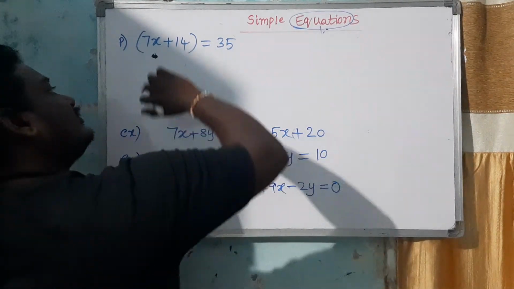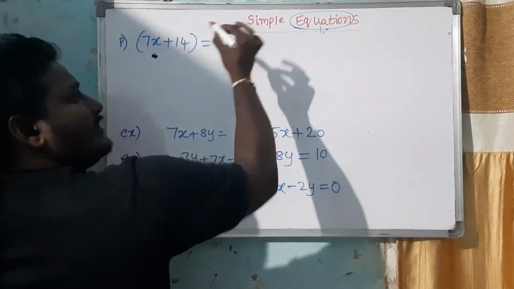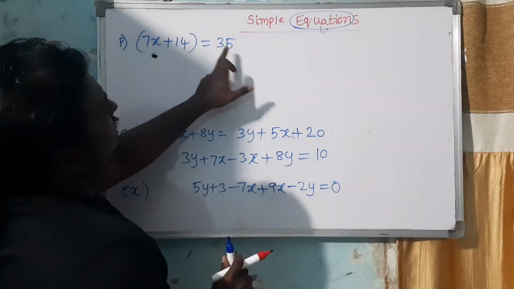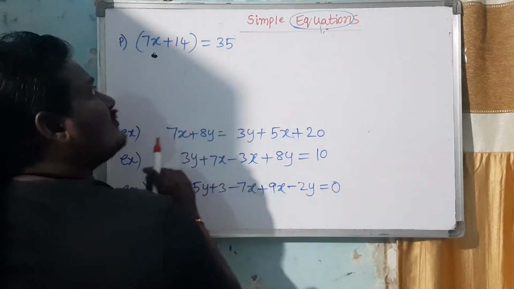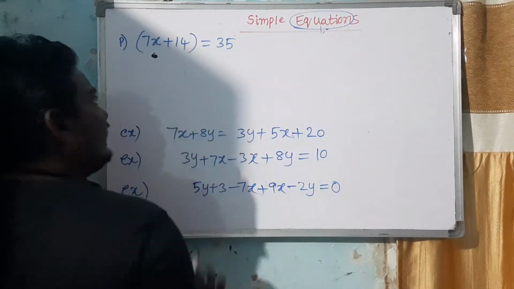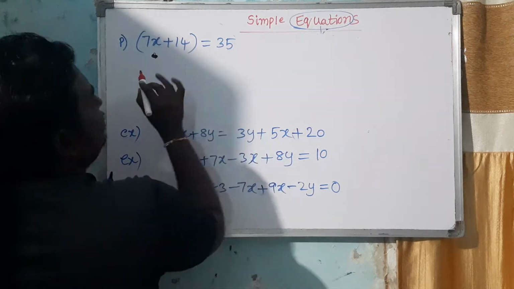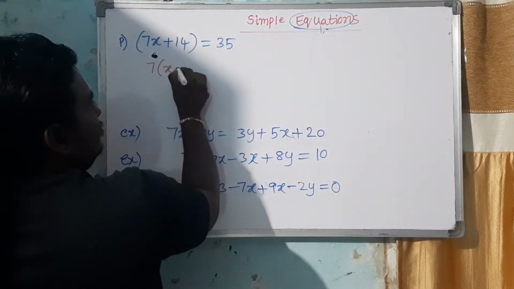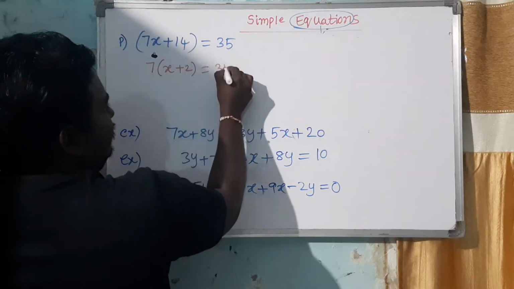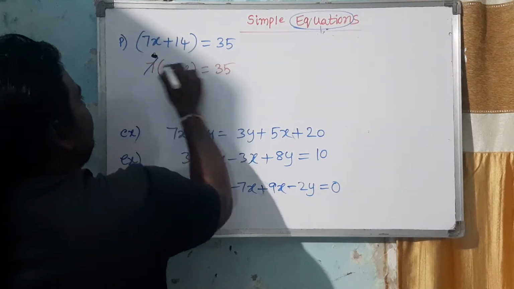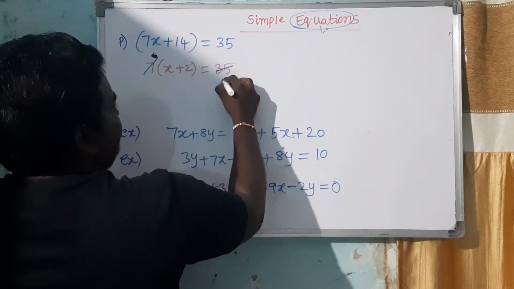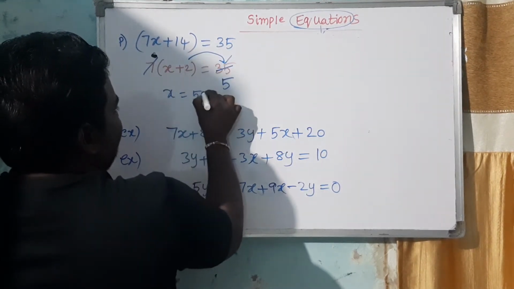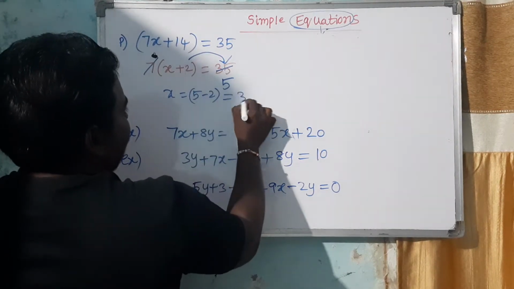The first technique I have taken: transform 14 this side, 35 minus 14 is 21, 7x equal to 21, 7 threes directly. But we can take another method also. Take 7 common here, 7 into x plus 2 equal to 35, 7 fives, x plus 2 equal to 5, transform 2 this side, x equal to 5 minus 2, which is nothing but 3.